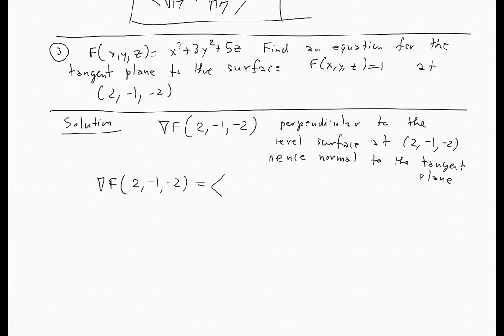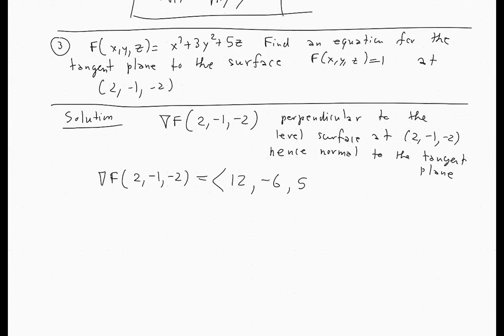Derivative with respect to y will be 6y, plug in negative 1, that will give you negative 6. Derivative with respect to z is 5, that's a constant. Okay, so again, just to make sure: f sub x is 3x squared, which means that f sub x at (2, -1, -2) is 12.